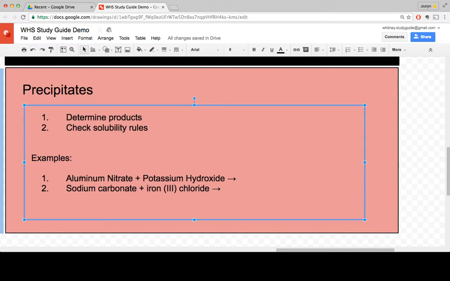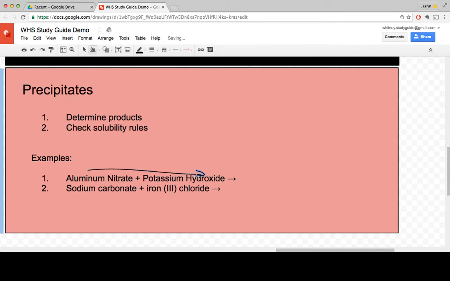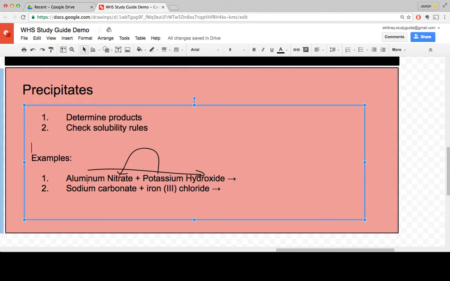So, aluminum nitrate and potassium hydroxide. What's going to happen is basically a switch. And so this positive is going to go with this negative. That's a janky arrow, but that's okay. And this positive is going to go with this negative. So what you're going to end up getting is aluminum with hydroxide.